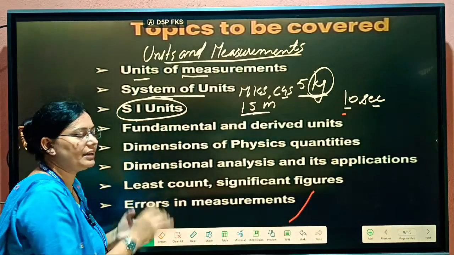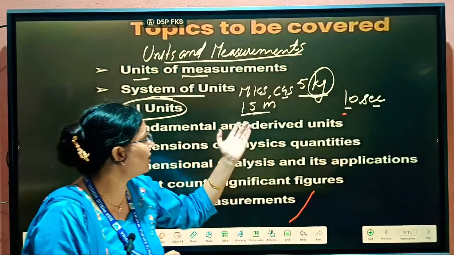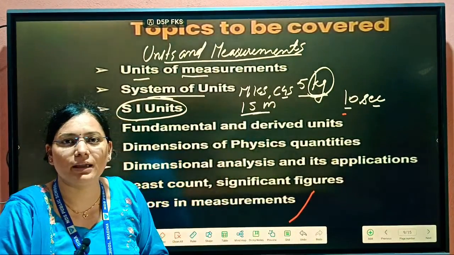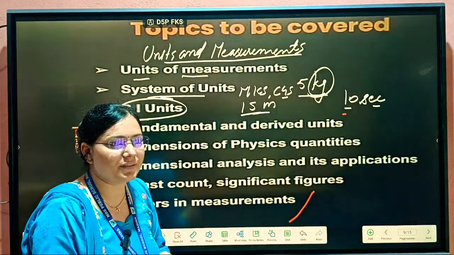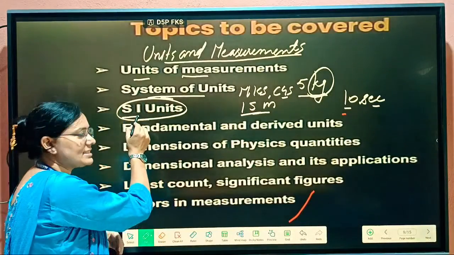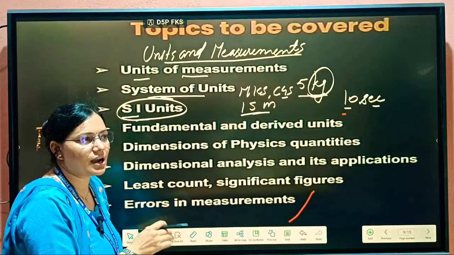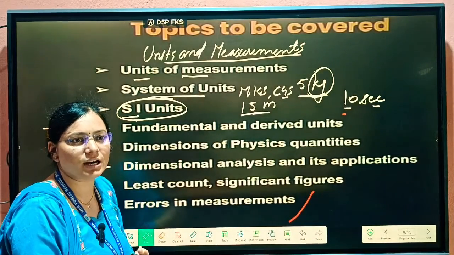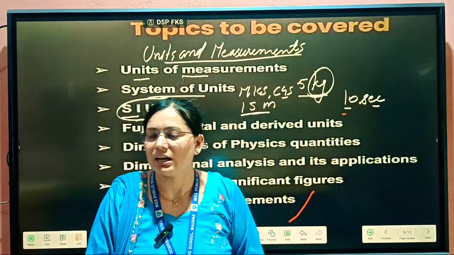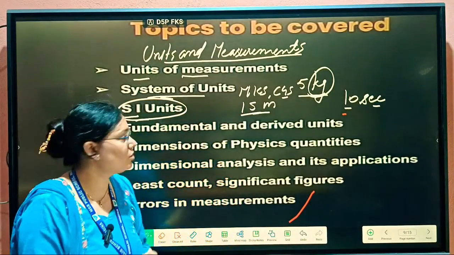So your units are having different types, beta CGS, MKS, but all units should be in one way to convey with each other. That's why that is given in form of the SI unit, standard unit. Everywhere, if we are solving any question, first you will convert all units, if not given in SI unit, then convert into SI unit, then easily you can solve your question.